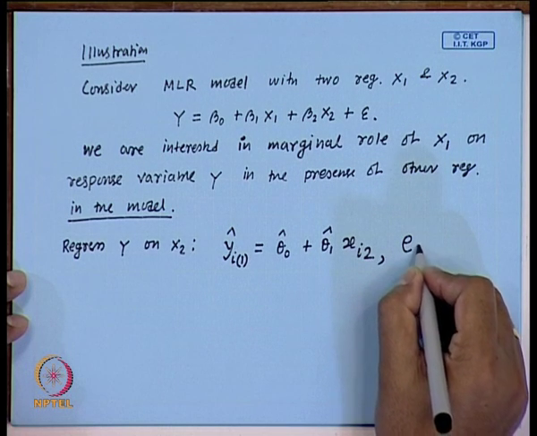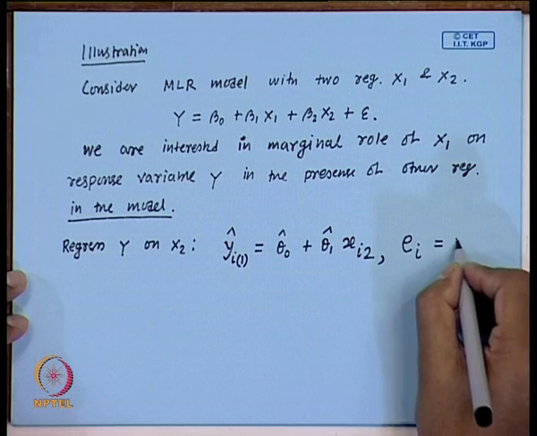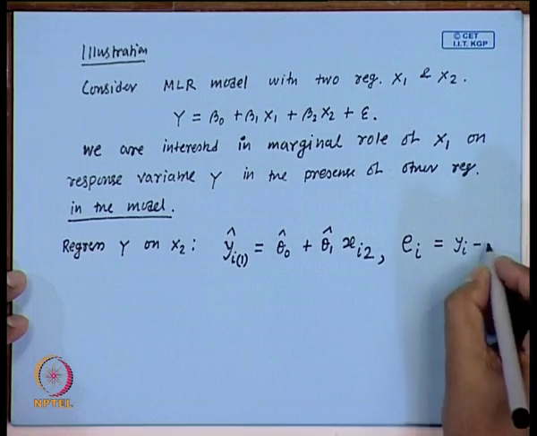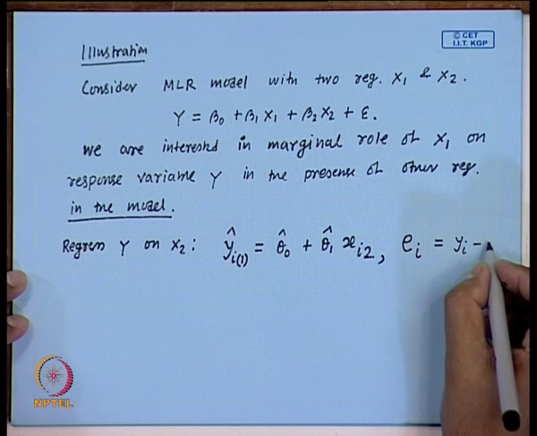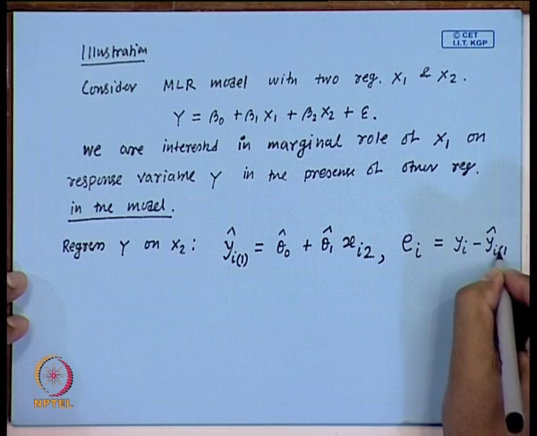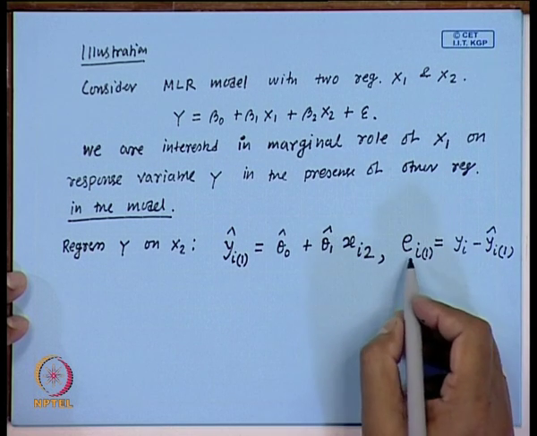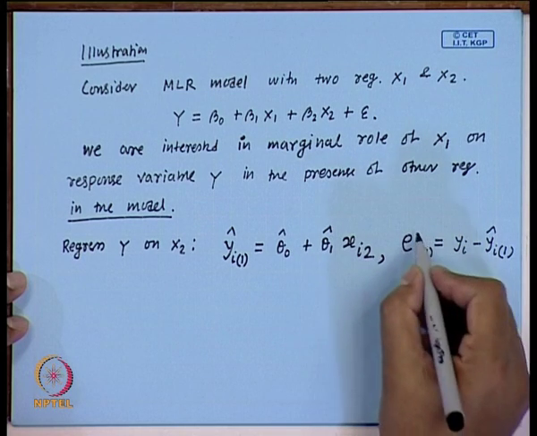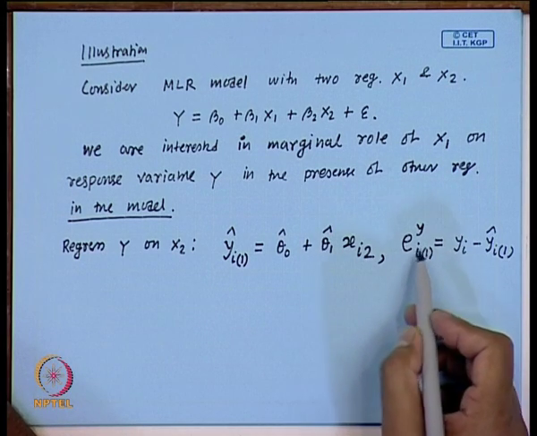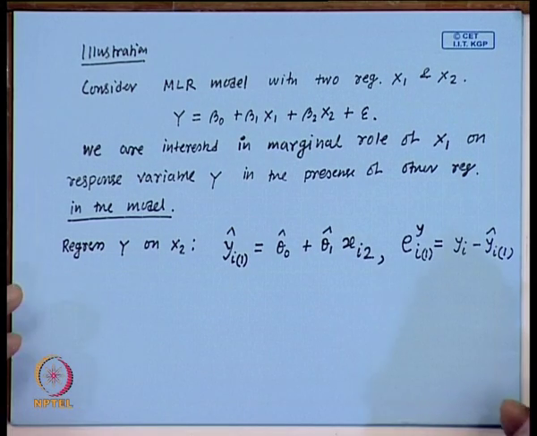Residual e_i is generally written y_i minus y_i hat, but here I will write y_i minus, this is the observed value and this is the fitted value when y is regressed on x2, y_i hat (1). I will put bracket 1 here to denote that this is the residual, and also put y here. A little bit complicated notation, but this is the residual obtained from this regression.